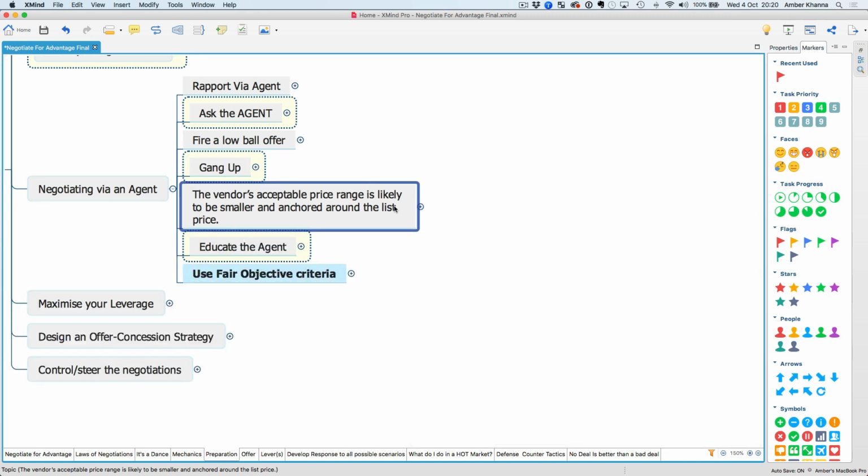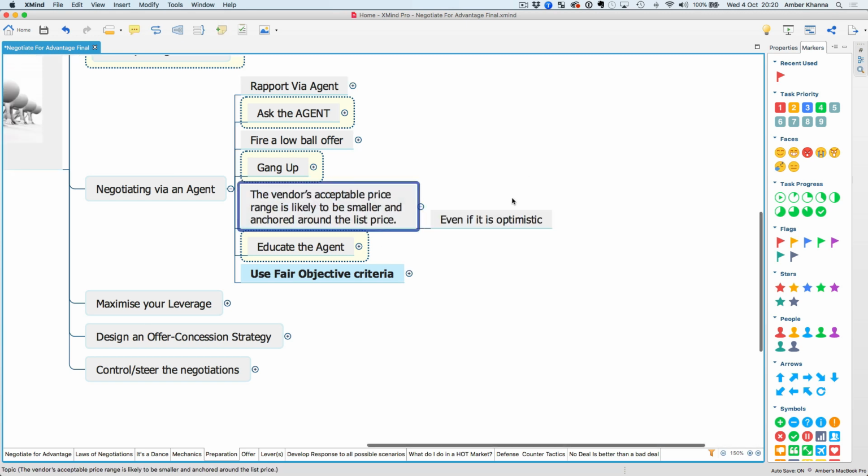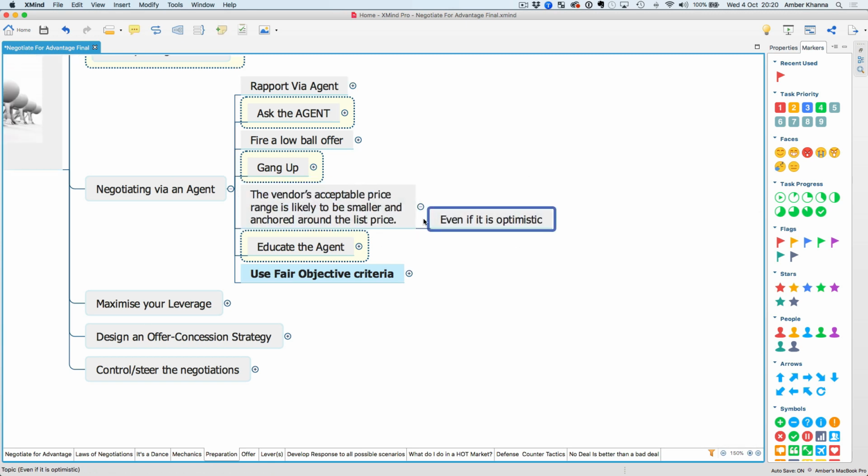And I do this gang up thing as well. I haven't done this recently in the last couple of years, but I did it for the 3 townhouse project we did in 2015, where we were 3 partners, and we called the agent with 3 different names, and one lowball offer after another.